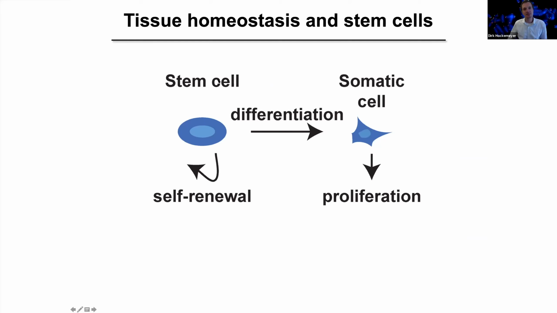And so this difference in the human body, that there are stem cells and somatic cells, is a key feature of human biology, because it allows the separation of two main functions.